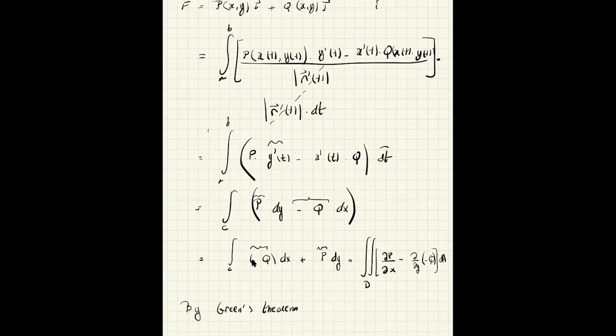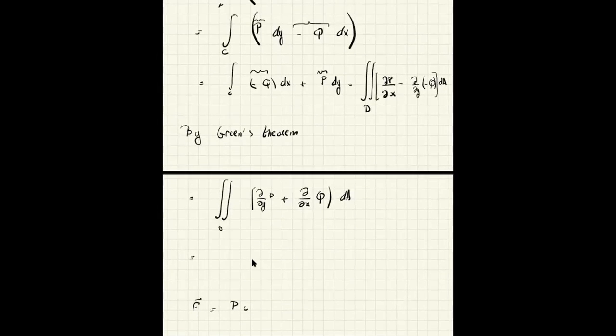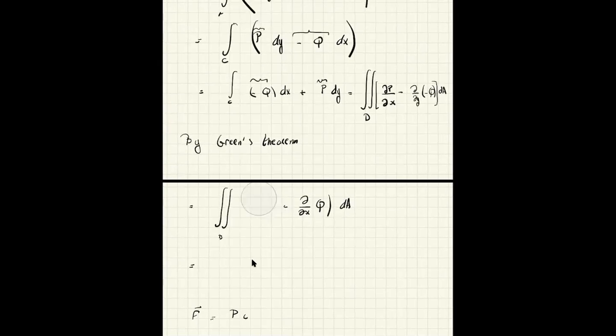So this is Green's theorem. Now if you write this as del x P plus del y Q dA, which is the integral over D of the divergence of F dA.